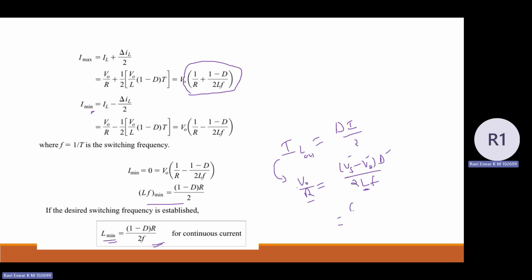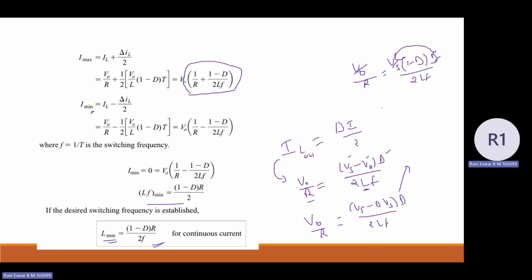If I try to derive here also, you can check. V naught equal to D into Vs into D divided by 2LF equal to V naught by R. From this, you can take Vs common here. So V naught by R equals Vs into (1 minus D) into D divided by 2LF. Anyway, Vs into D is equal to V naught, so this gets cancelled.